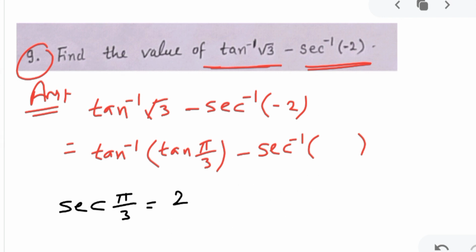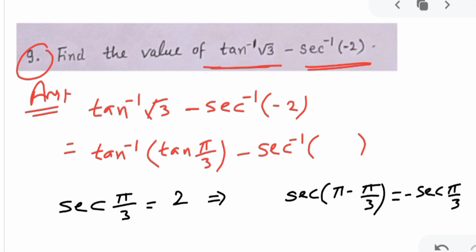Now we have to find minus 2. Minus 2 means the sec value in the second quadrant will be negative. So sec of pi minus pi upon 3 will be minus sec pi upon 3, and sec pi upon 3 value is 2.